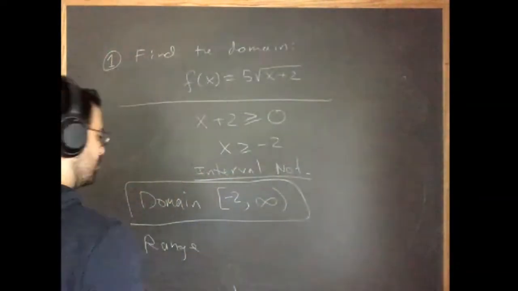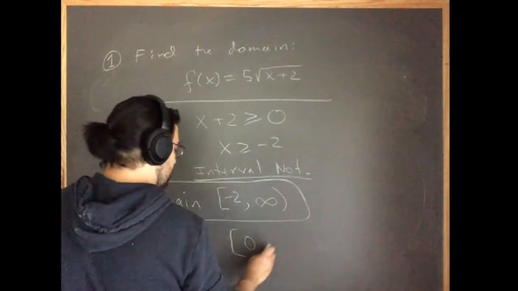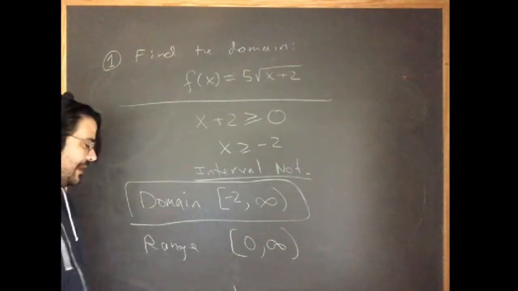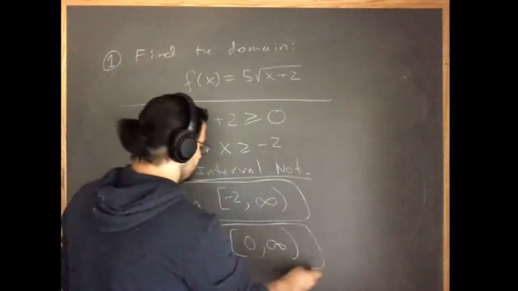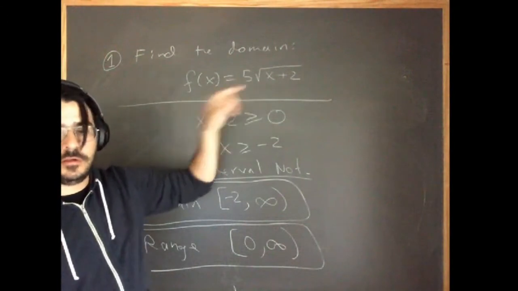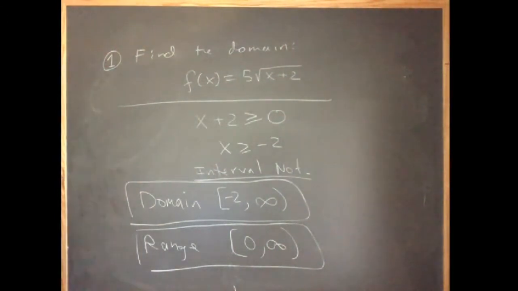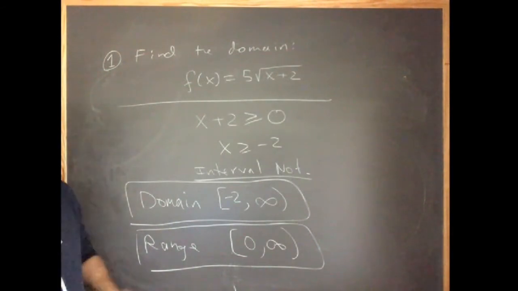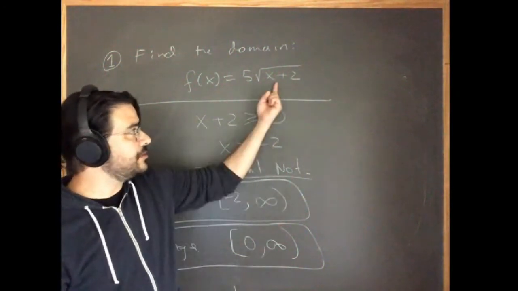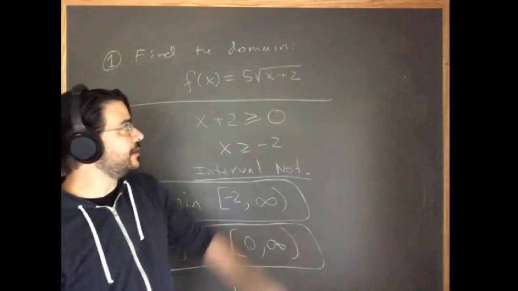So in other words, the range is all non-negative numbers, right? Anything bigger than or equal to, that's why I put a bracket there, 0. And that makes sense because this function is never going to give you a negative value, okay? In this case, we didn't really do anything with the 5 here because we were just thinking about what's the smallest value, and then as we plug in bigger and bigger values, this just gets bigger and bigger, right?